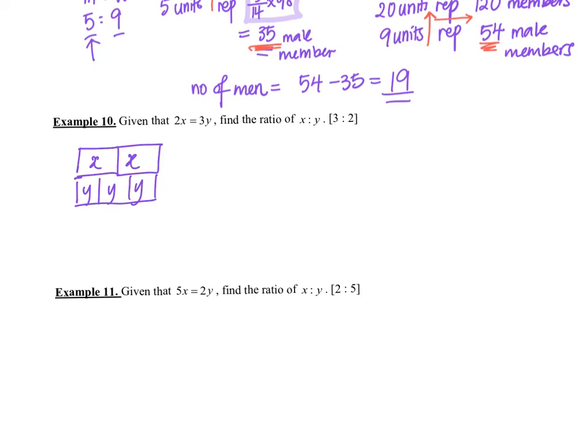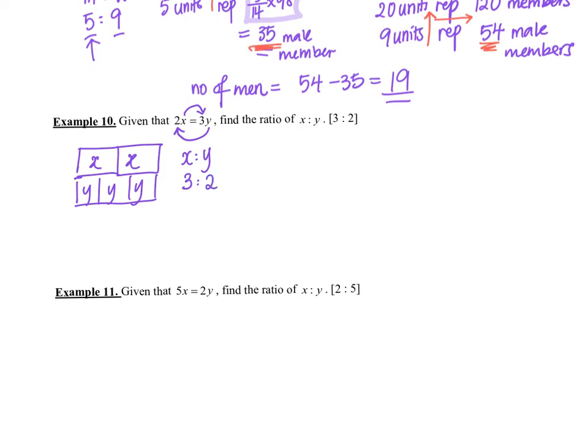Well, x is larger, isn't it? So the shortcut actually is x will be 3 units and y will be 2 units. So if you read this directly, x is to y will have x to be 3 and y to be 2.